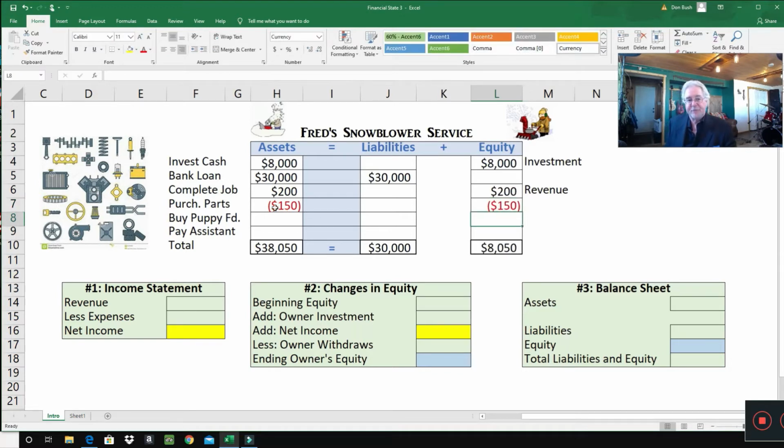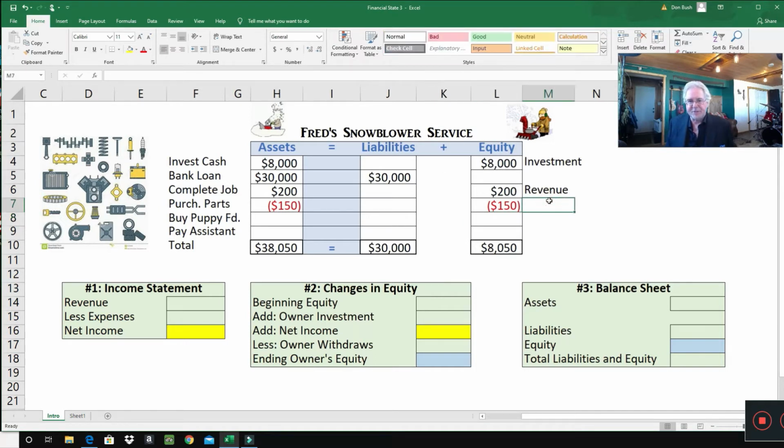I have a negative 150 on the left, negative 150 on the right, so that line balances. Let's see if it all balances in the totals. 38,050 on the left, 30,000 here under liabilities, 8,050. I think if you add up the liabilities and equity, you would see it equals $38,050.